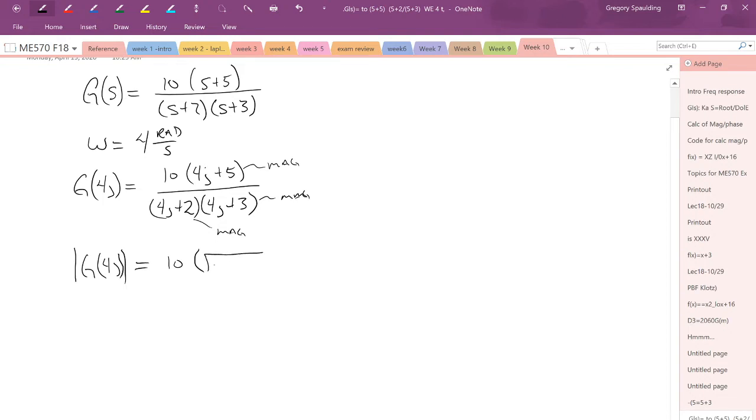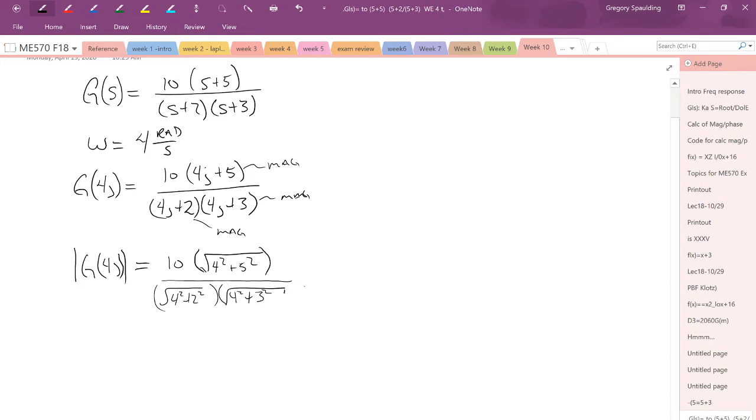So it's going to be the square root of 4 squared plus 5 squared, and that's going to be over the square root of 4 squared plus 2 squared, times the square root of 4 squared plus 3 squared.